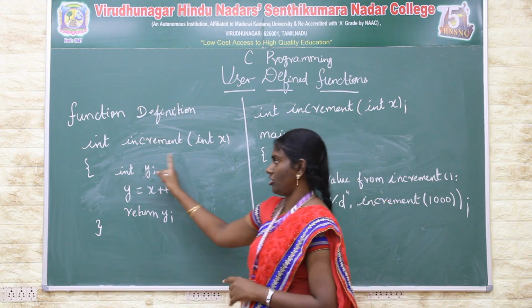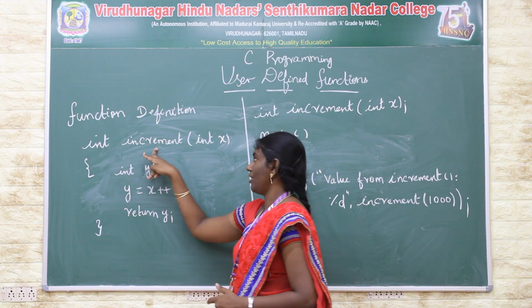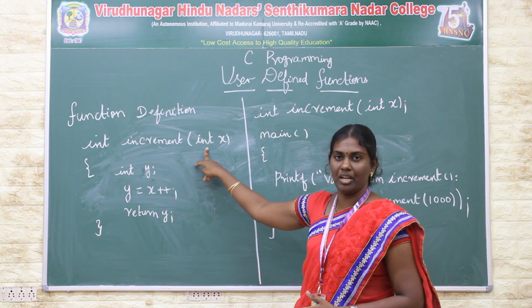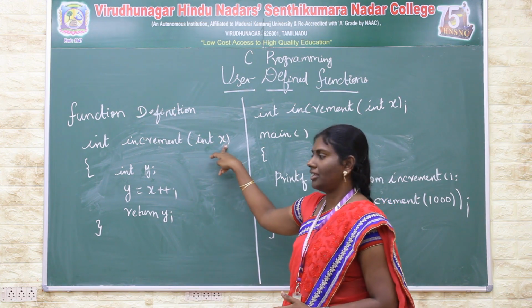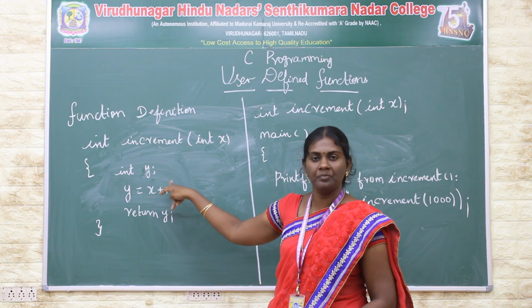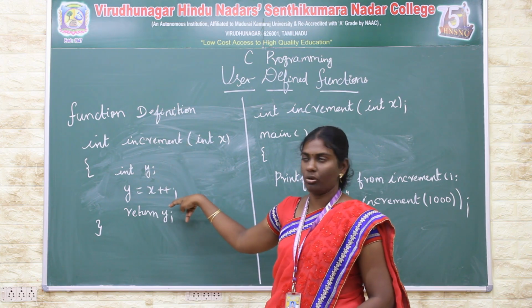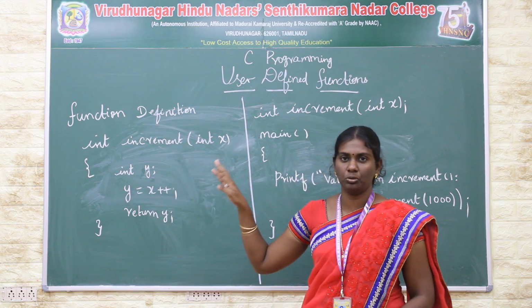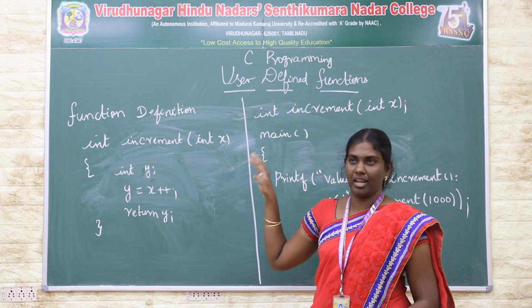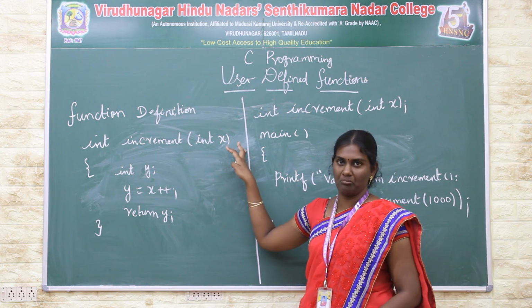The same should be mentioned here: int increment, and then the variable name int x. This int x is used inside the function increment. Here we don't have to put a semicolon at the end of the definition statement.